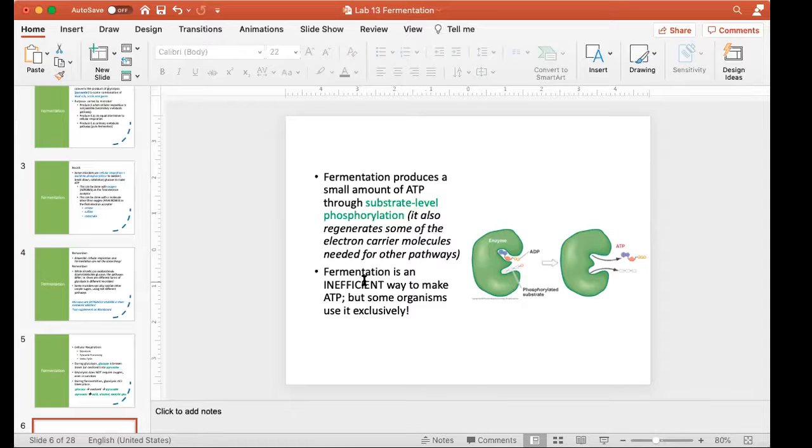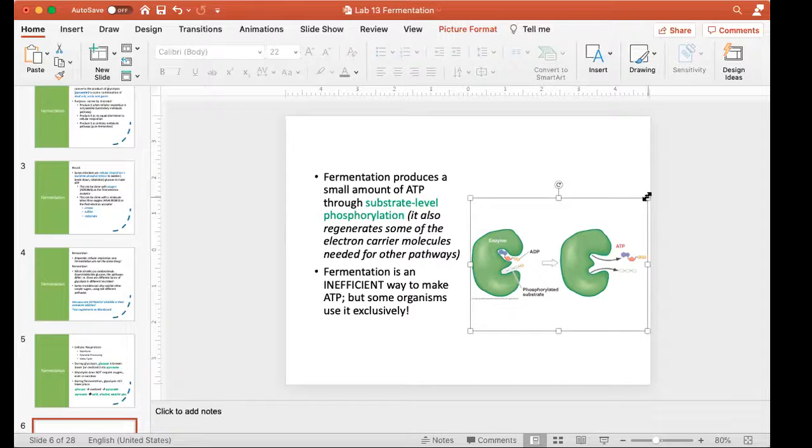I have a note here too that it also regenerates electron carriers, so that once the organism is able to do respiration again, if it can do respiration, it's going to be ready. It's going to have all the electron carriers it needs. Fermentation is very inefficient, but it makes ATP. So it's a commonly used secondary metabolic pathway. And in some microbes, it is the only pathway.